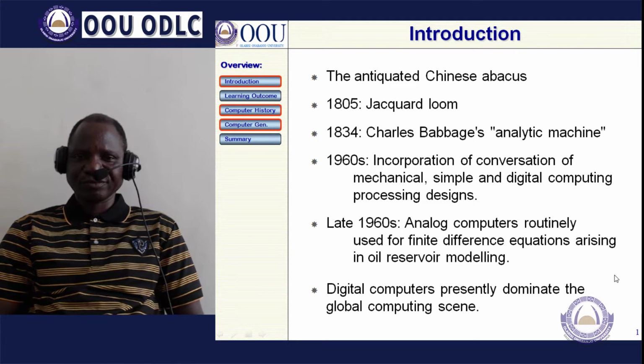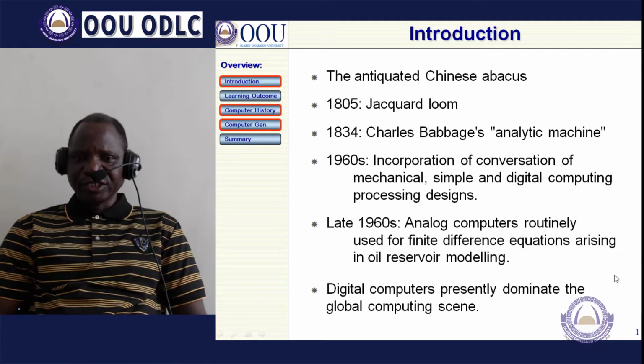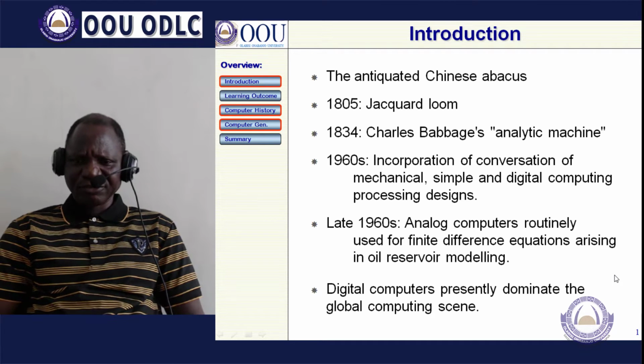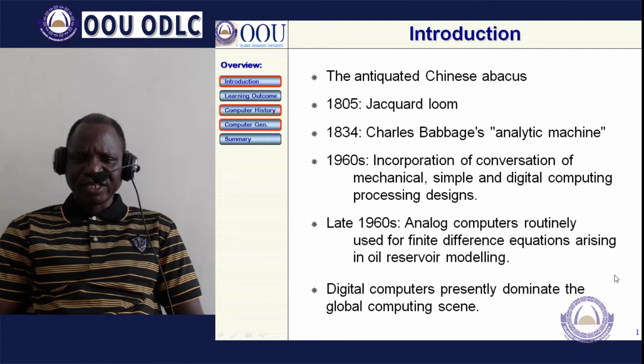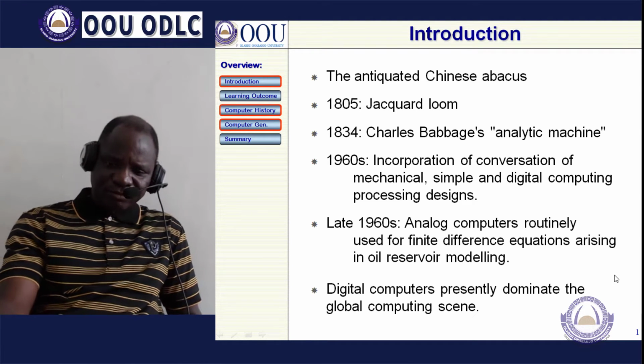And by way of introduction, the history of computers has come a long way, starting with the antiquated Chinese abacus, then going to Jacquard-Loom in 1805, Charles Babbage analytical machine in 1834, up to the conversion of mechanical, simple and digital computing processing designs of the 1960s, up to late 1960s, when we have the advent of analog computers that are routinely used for finite difference equations arising in oil reservoir modeling, up to the time of digital computers, which presently dominate the global computing scene.